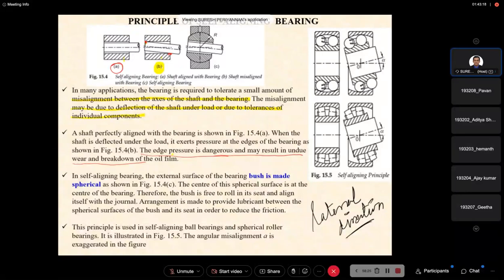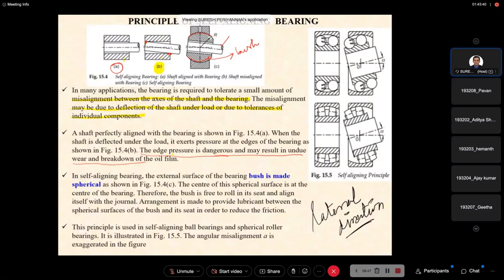In the self-aligning bearing, the external surface of the bearing is made spherical in shape. This is the bush, and this is our journal or shaft.